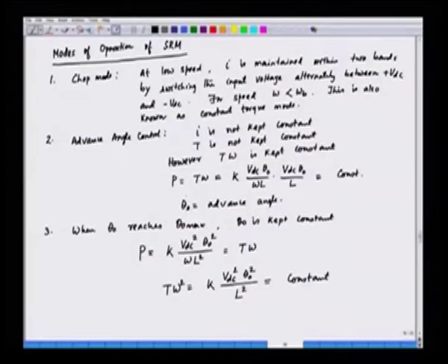Now we can explain the various modes of operation. We have already seen that we have a constant torque mode, a constant power mode, and a constant T omega square mode. Now when we talk about this advanced angle control that we are just discussing, what is this advanced angle theta? So this theta is called the advanced angle, and the advanced angle is controlled in such a way that the power remains constant.